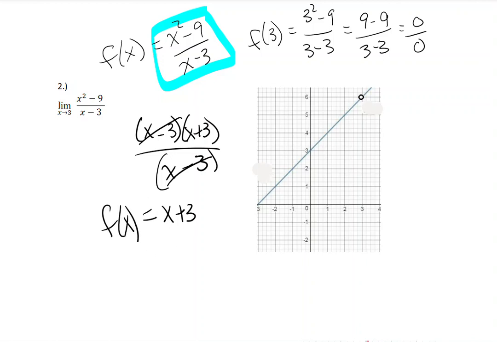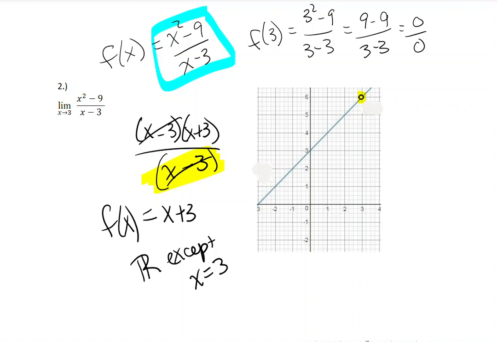And with this, we know that the domain is all real numbers except for when x equals 3. That's because of the denominator, x cannot equal 3. Now, if you recall, this made a hole in the graph, which we see right there.